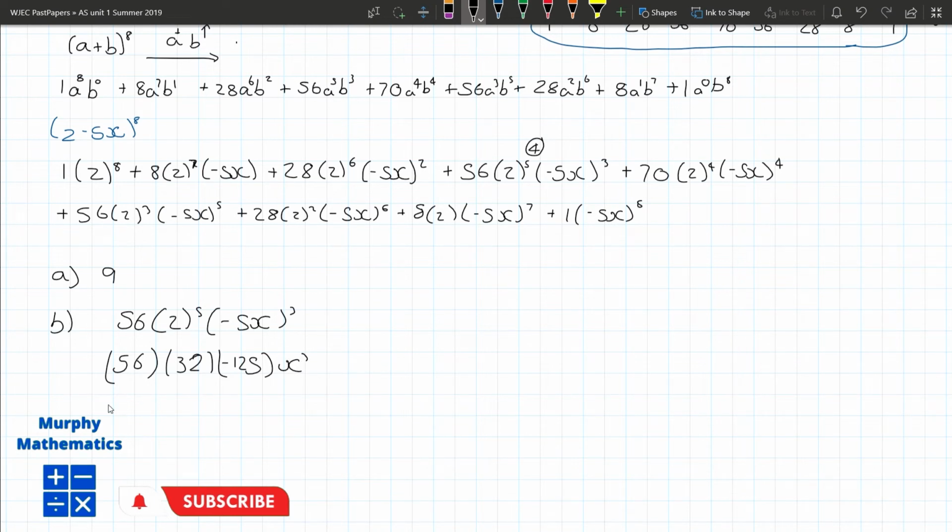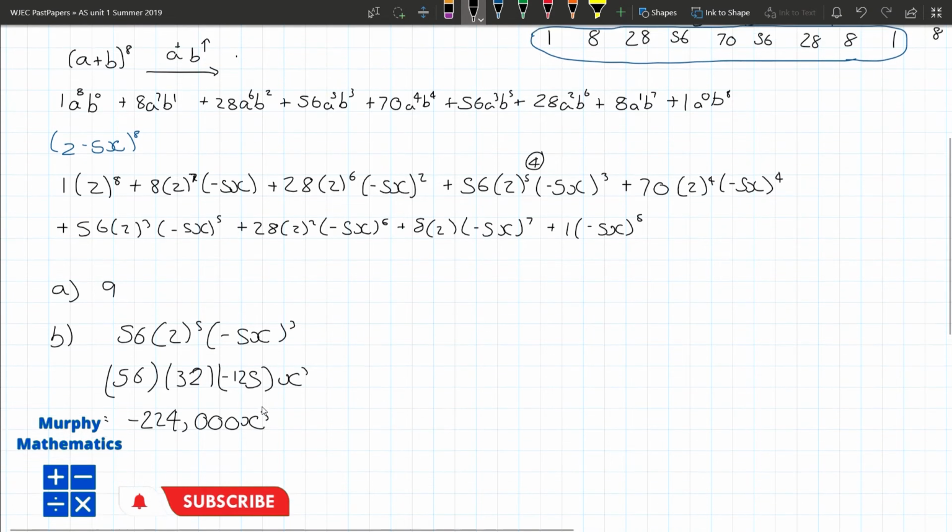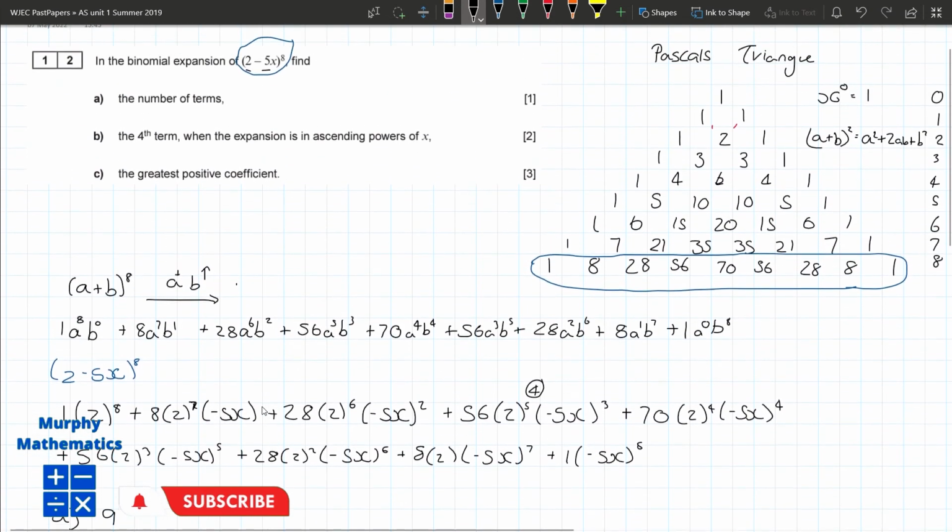Now just multiplying all those numbers: 56 times 32 times minus 125, I'm going to get minus 224,000 x cubed. So that's my fourth term in ascending powers of x.